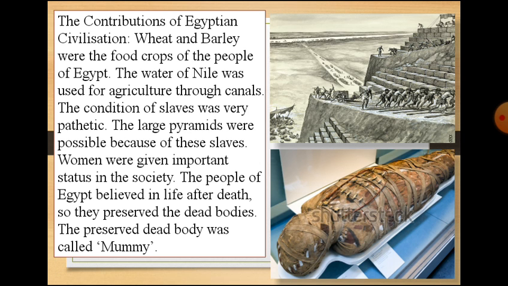These slaves were used by the new kingdom people as their servants, and they were helpful in growing crops, and also in construction of the pyramids. The large pyramids were possible due to them, as they used to work day and night to complete the pyramids.